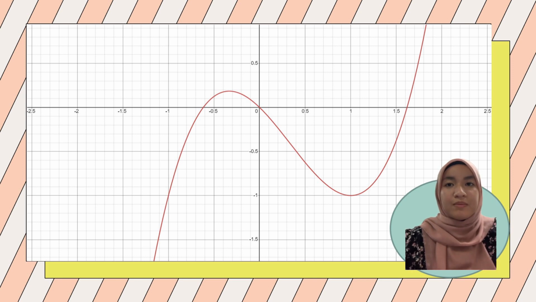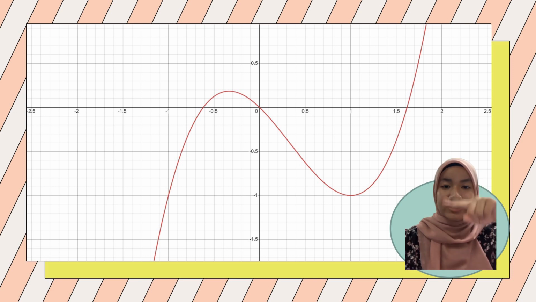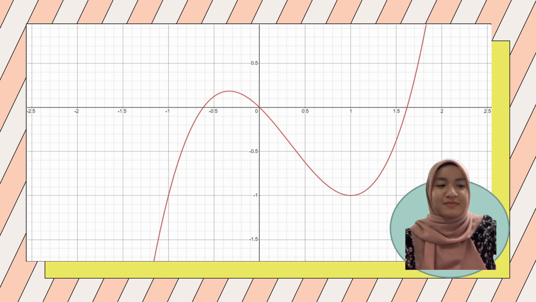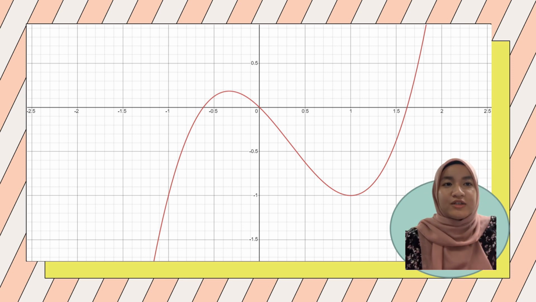But if you do it manually, you have to find the stationary points and then determine the nature of the stationary points, which is maximum or minimum. You have to see whether it is going this way or this way. And also you have to see the x and y interceptions, so the values of your x and y interceptions.